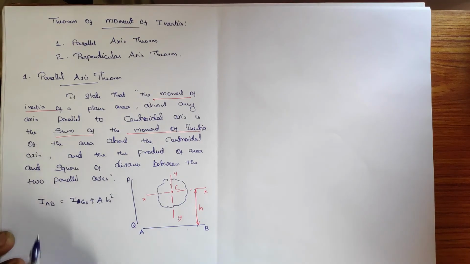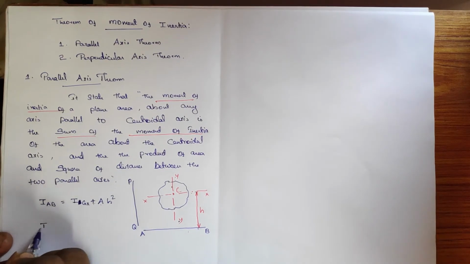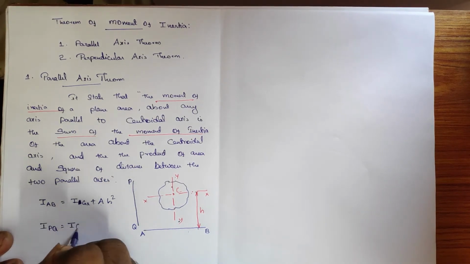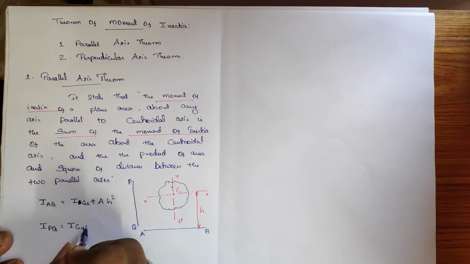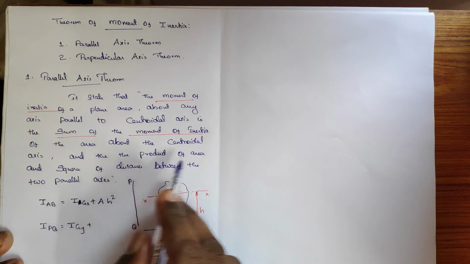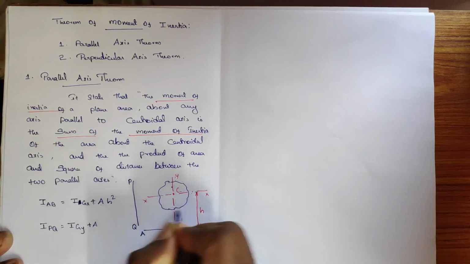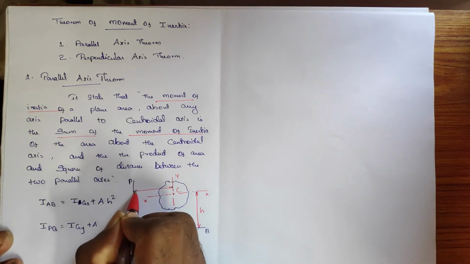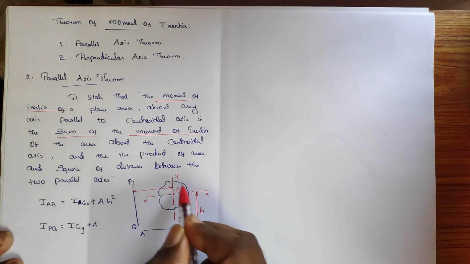So I can say the moment of inertia IPQ about the axis parallel to YY is equal, in a similar fashion, to IGY plus the product of area into the square of the distance between them. Here, this would be the distance between the parallel axes PQ and YY.